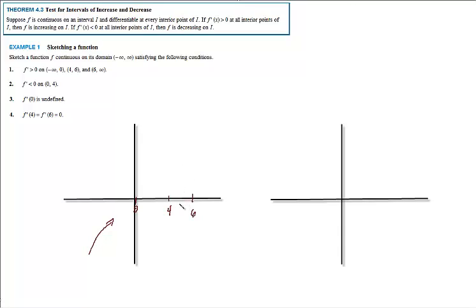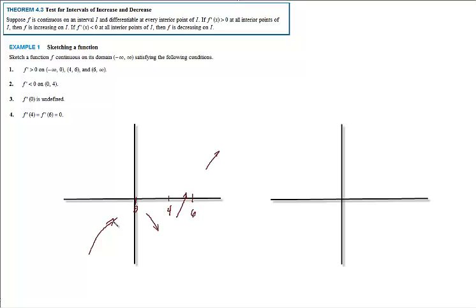So it looks like it goes down here, so I'm just going to go down here, and then here it goes up, and from 4 to 6 it's still going up. Okay, and I drew the down one. The derivative at 0 is undefined.